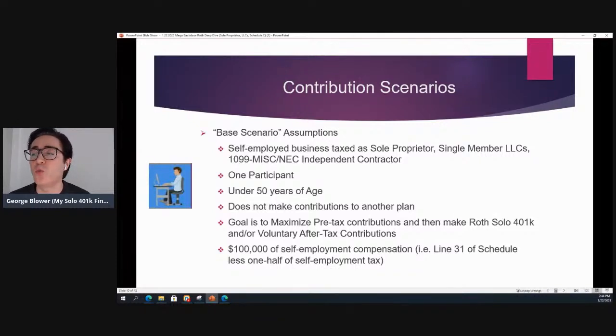Each spouse would need to work in the business and to report their own self-employment income. So in that case, you might have each spouse filing a Schedule C, for example, in this sole proprietor type scenario. In that case, each spouse is going to have their own separate sub-account, and each spouse's ability to contribute to the plan is going to be based on the factors that apply to that spouse.